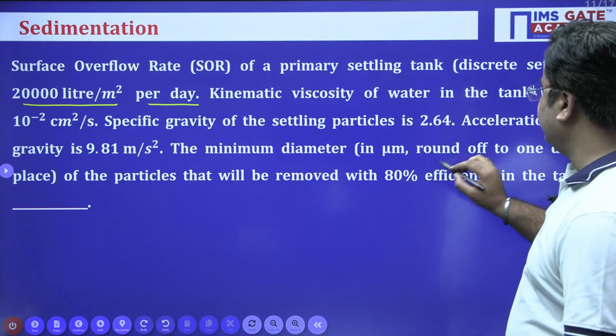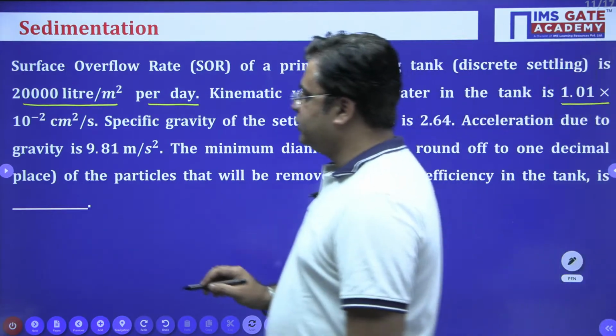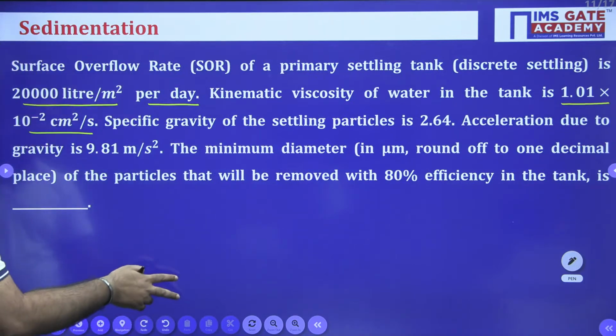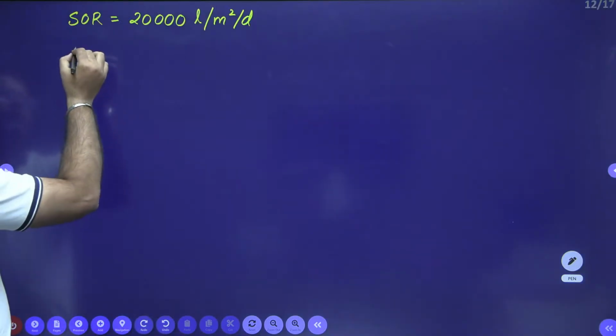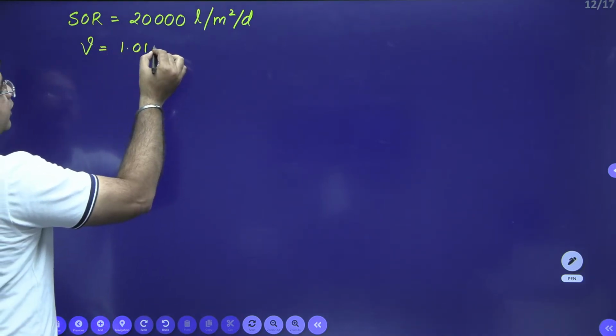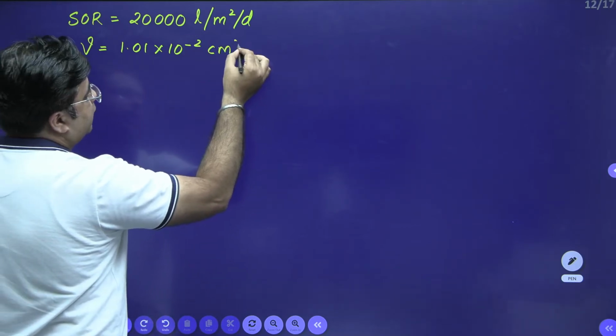Next. Kinematic viscosity of water in the tank is 1.01 into 10 raised to power minus 2 centimeter square per second. Again, I'll write this. Kinematic viscosity of water is 1.01 into 10 raised to power minus 2 centimeter square per second.